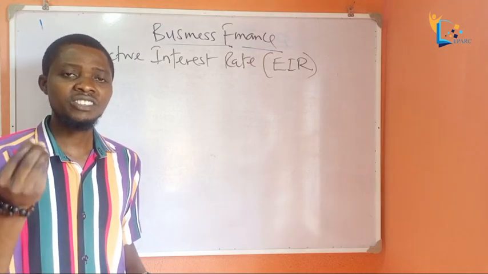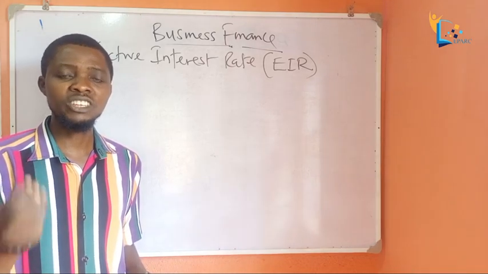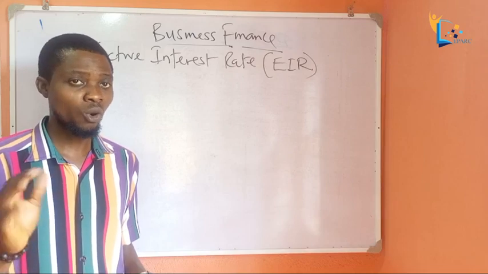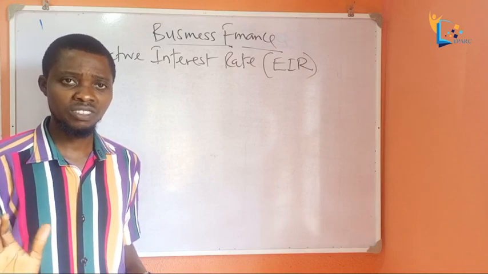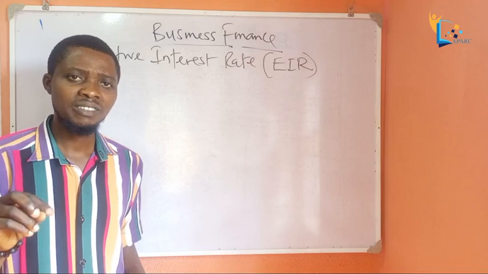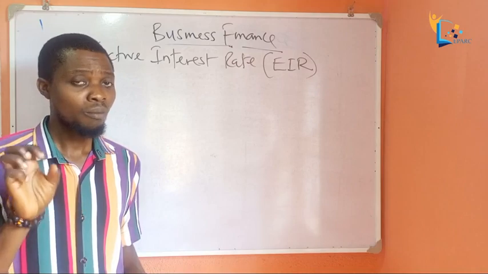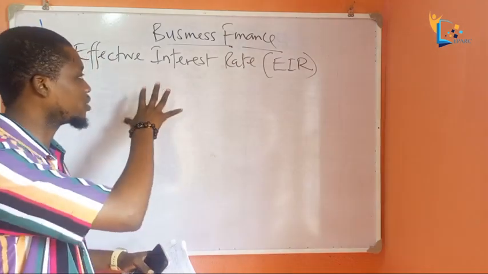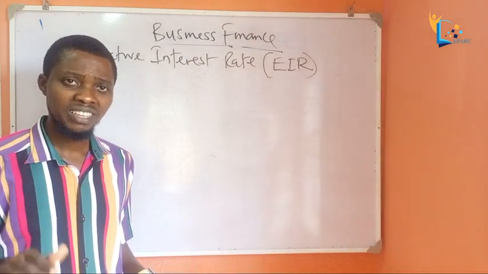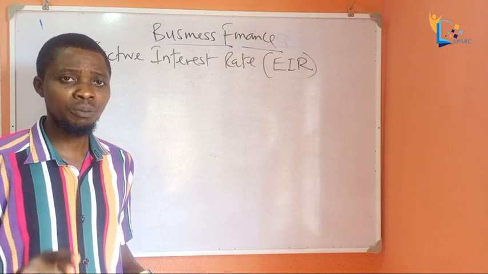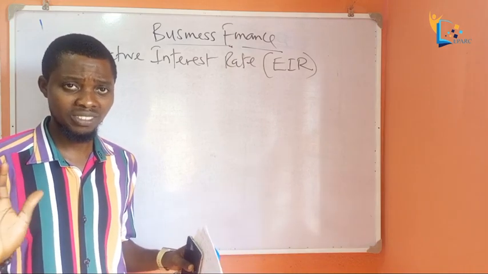That interest rate is called the nominal or normal interest rate. Now, when that interest rate is to be paid or received more than once in a year, it's called the effective interest rate. And normally the effective interest rate is usually higher than the nominal interest rate. As simple as that. Do you understand?